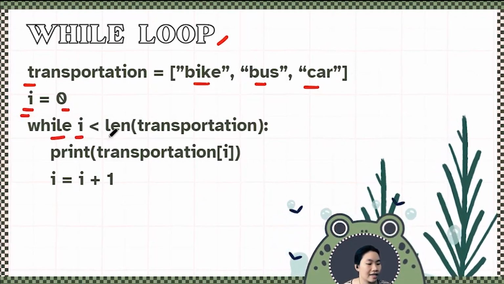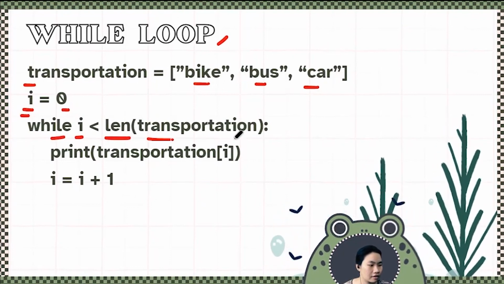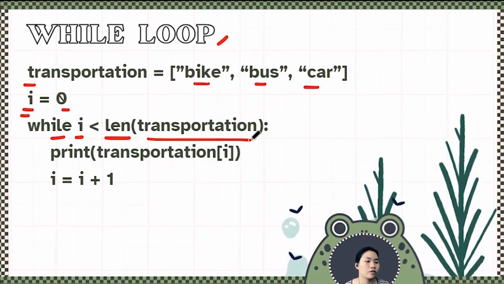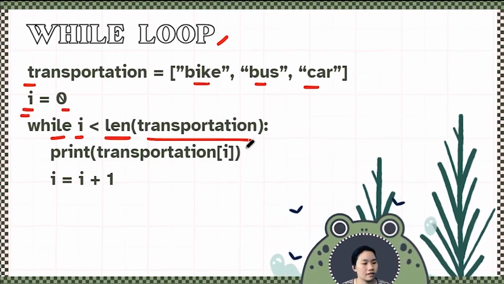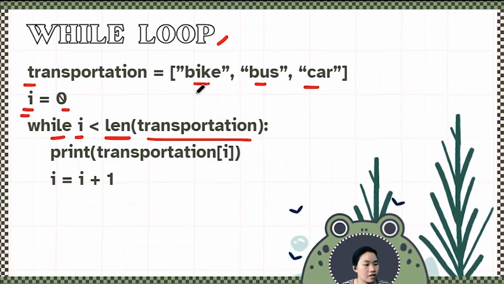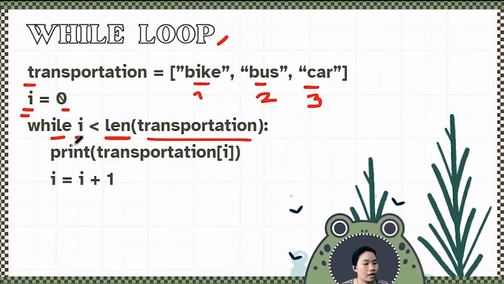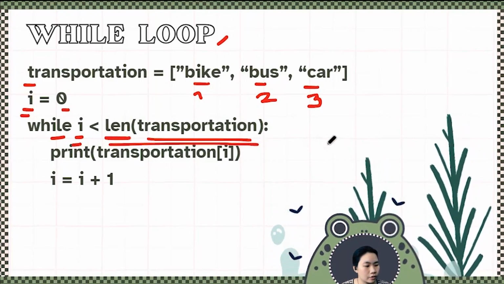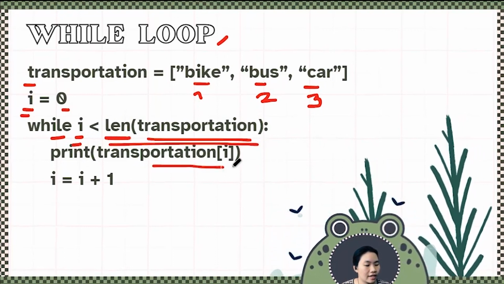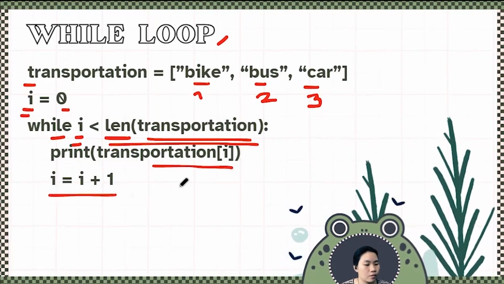While I is less than the length of transportation, what do you think the length of transportation is? It is 3. 1, 2, and 3. While I is less than the length of transportation, print I. But after Python prints I, add 1.